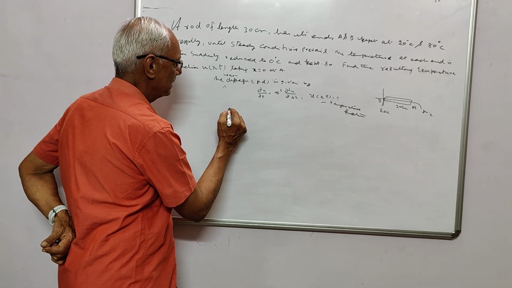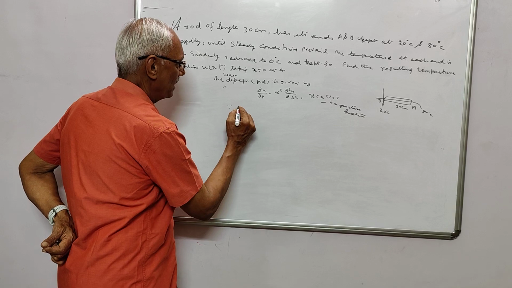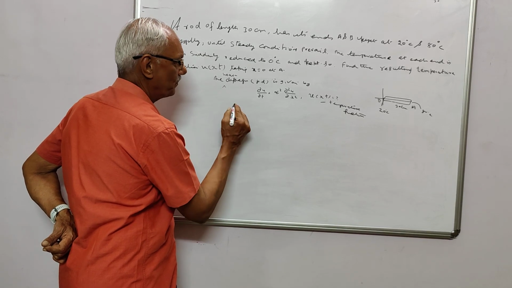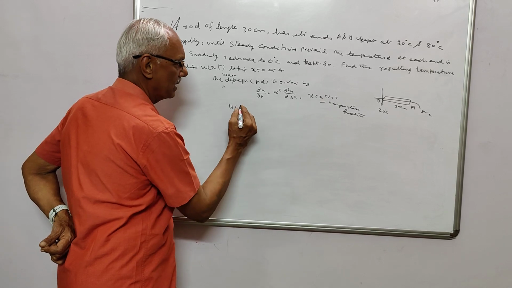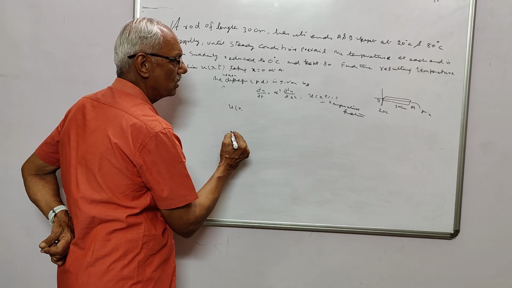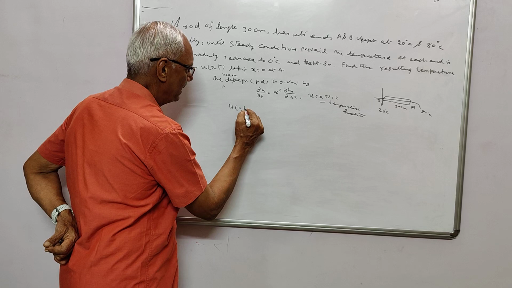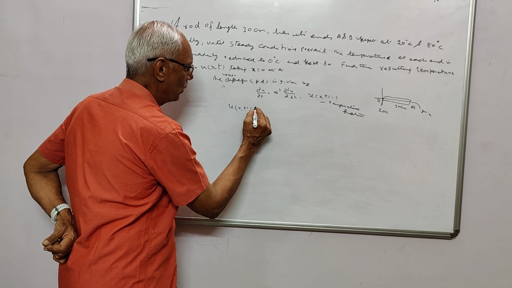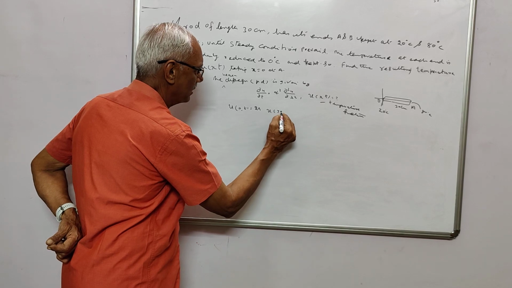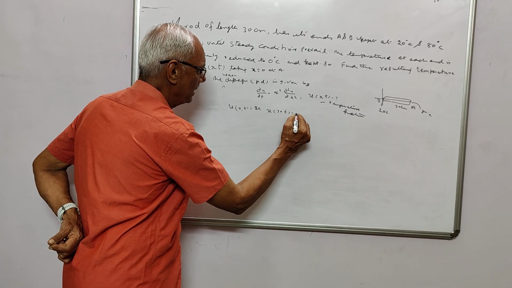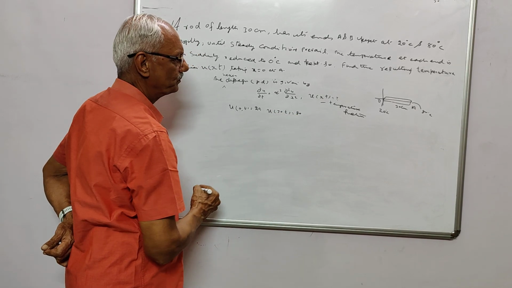Now you are given that u at 0 at time t is equal to 20, and u at 30 at time t is equal to 80.